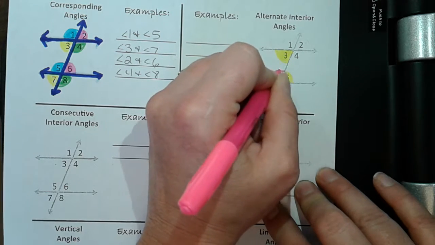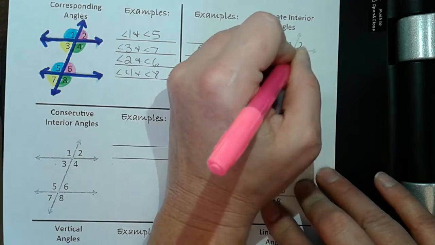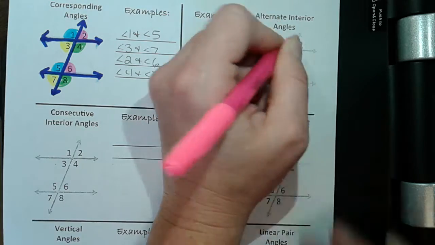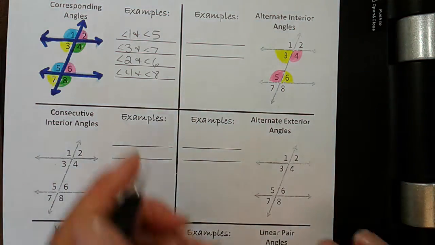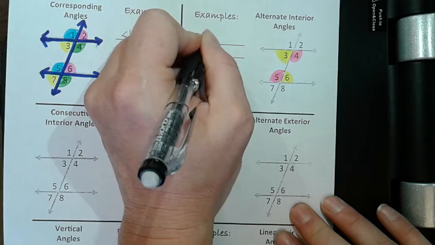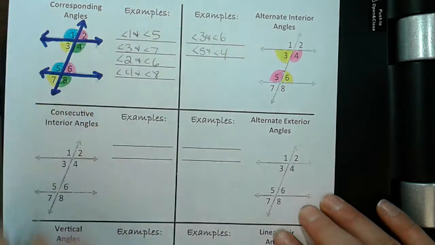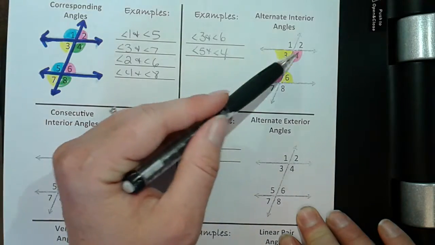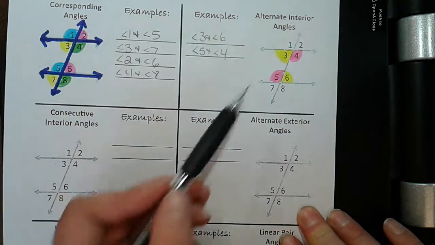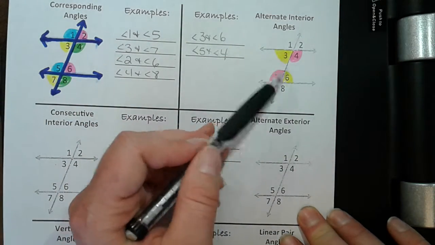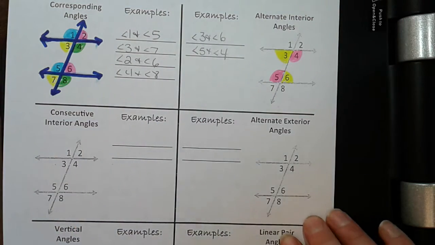And so that would make 5 and 4 alternate interior angles. Angle 3 and angle 6 and angle 5 and angle 4. Now these ones aren't alternate interior angles at all. They don't have a pair because they're outside of the parallel lines.